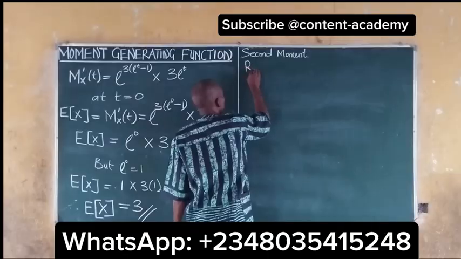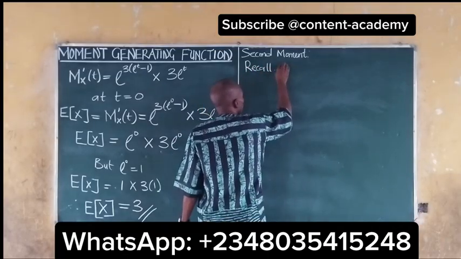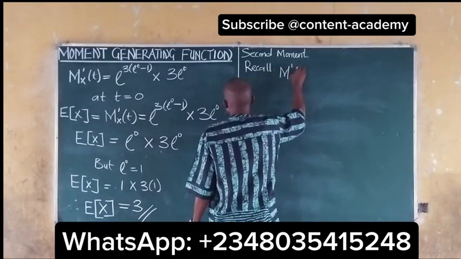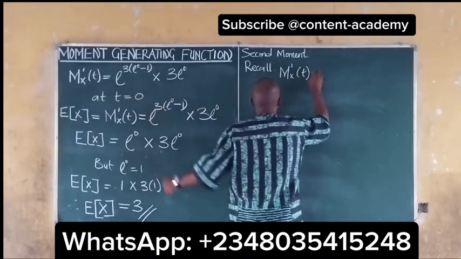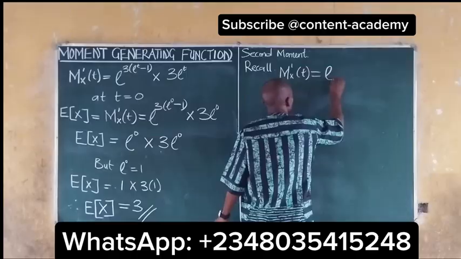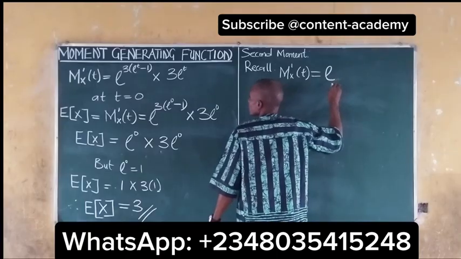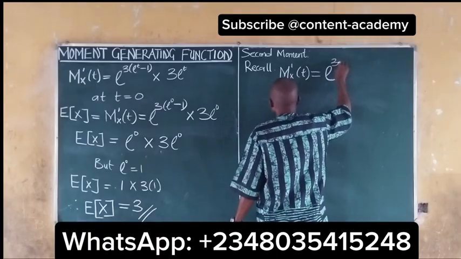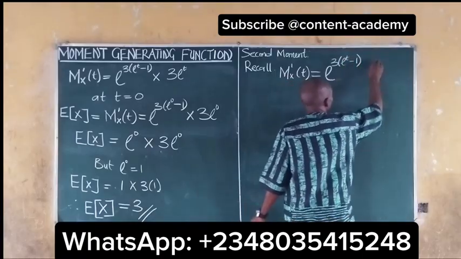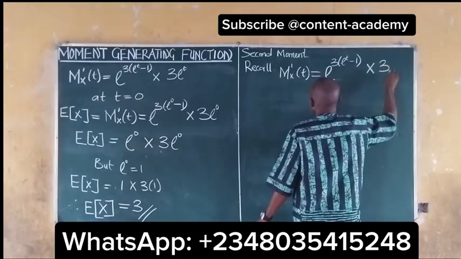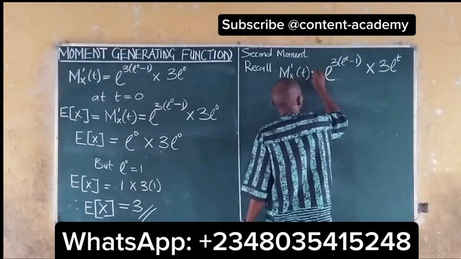We have to recall that our first moment gave us exponential 3 (e^t - 1) multiplied by 3e^t.